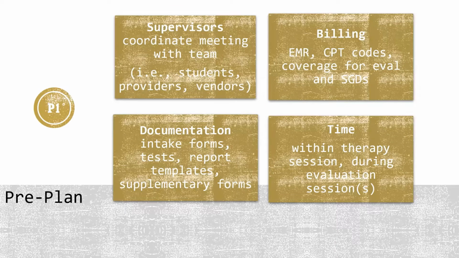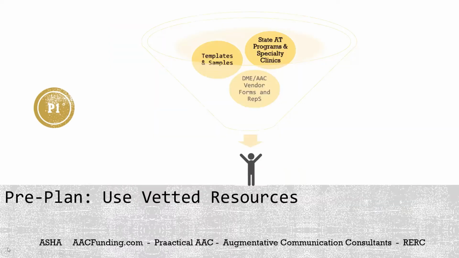As a supervisor, I'm coordinating meetings with my team, which may be the graduate students, but also you might be coordinating meetings with other providers that are working with that client. It's always best if we can get others on the team involved in this AAC assessment process. I've had some individuals even come into assessments, the occupational therapist or physical therapist with me.